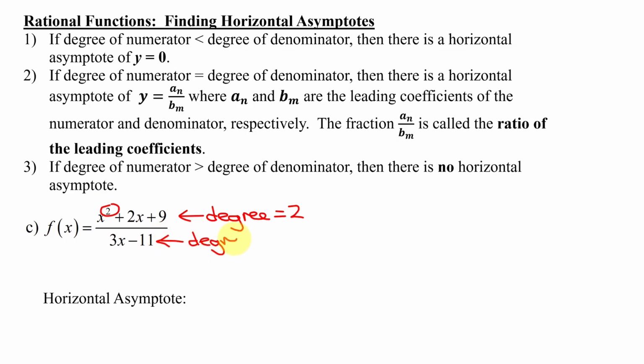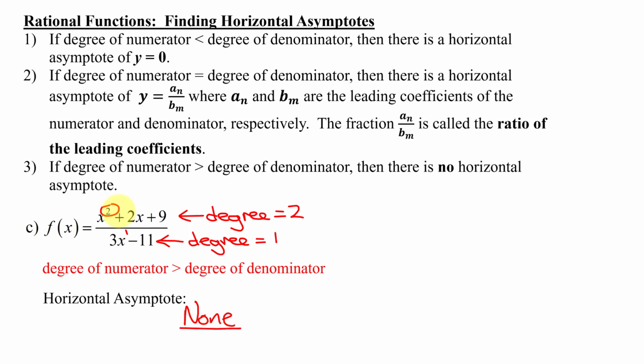The highest exponent on any of the x's is a 1. So in this case, I know that the degree of the numerator is greater than the degree of the denominator, as 2 is bigger than 1. So that's the third case here, and that means there is no horizontal asymptote.